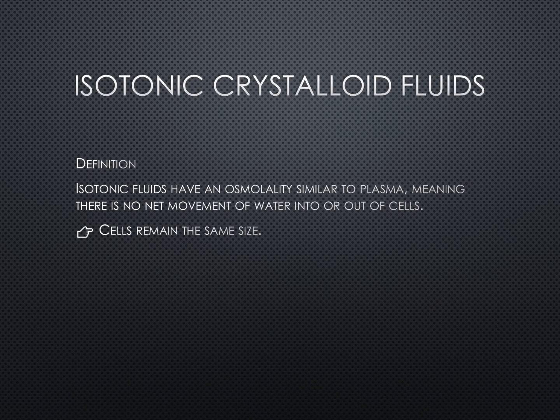So back to our main focus, let's look at the first group of crystalloid fluid, which is the isotonic crystalloid fluid. So what are they? This fluid has an osmolarity similar to plasma, meaning with that kind of osmolarity or concentration of solutes, which is closer or similar to plasma, there is no net movement of water into or out of the cell.